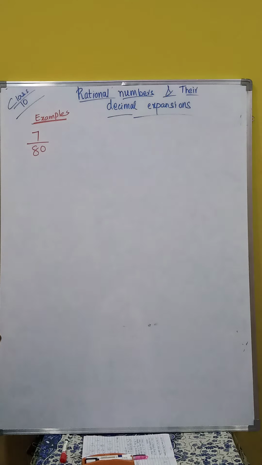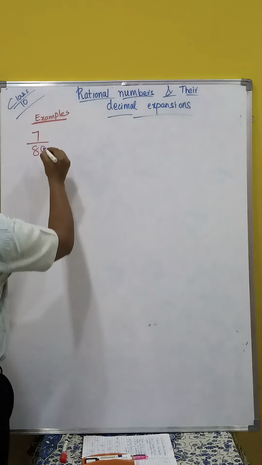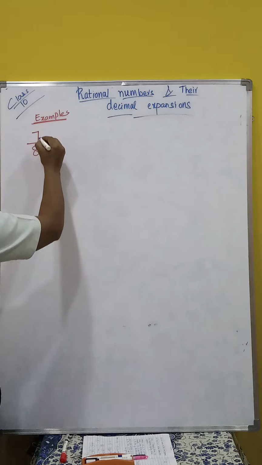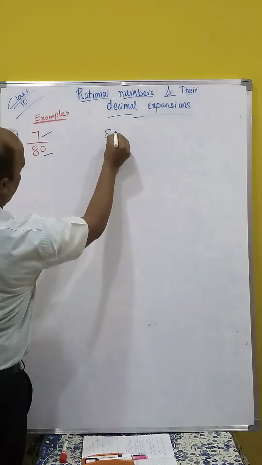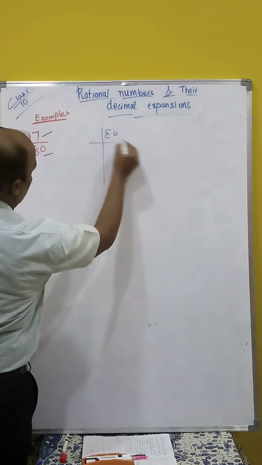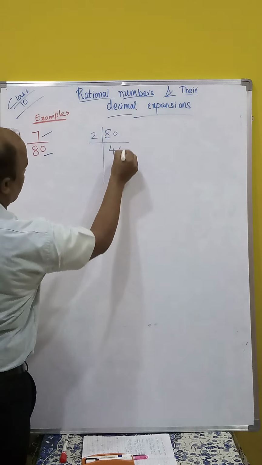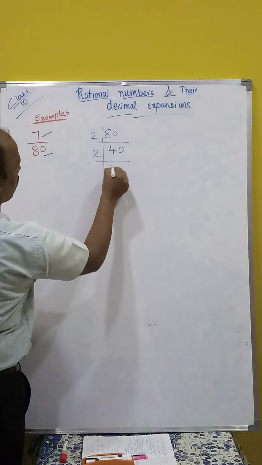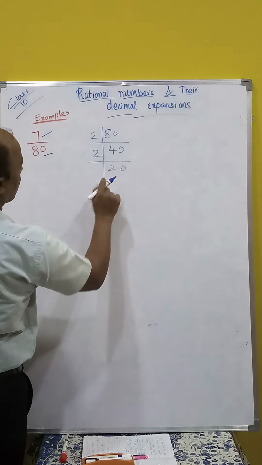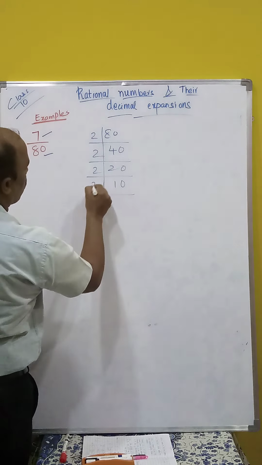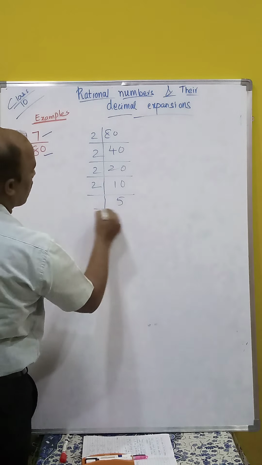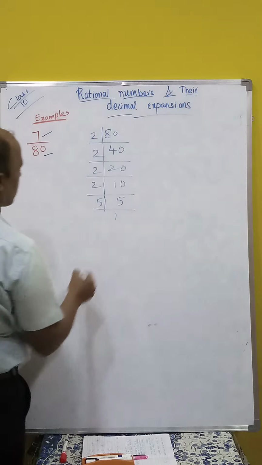Students, now we will solve one more example, that is 7 by 80. Numerator is 7 and denominator is 80. Now 80 is split into factors, 2 40s, again 2 20s, 2 10s, again 2 5s, 5 1s.